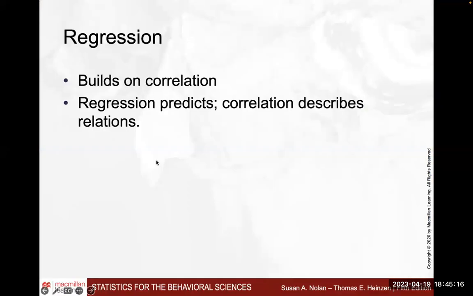So we have regression basically as a continuation of correlation. We have a tool that establishes an association between two variables, and regression builds on that.